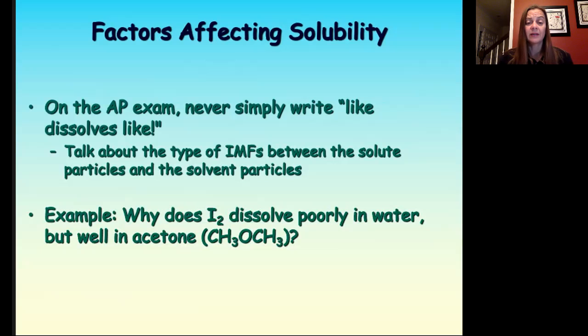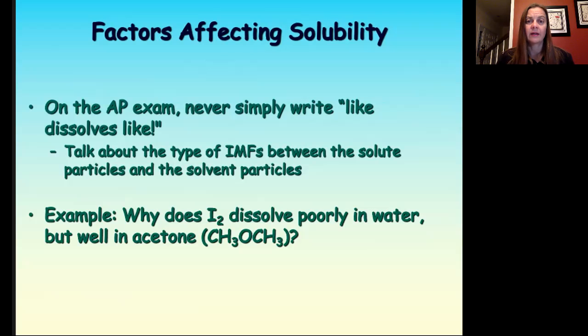In this particular case, the iodine is relatively easy to pull apart, but the water molecules are not. These weak attractions that iodine has for water, which are only London dispersion forces and dipole-induced dipole, aren't enough to really overcome the attraction of water for other water molecules. Therefore, iodine doesn't dissolve well in water.